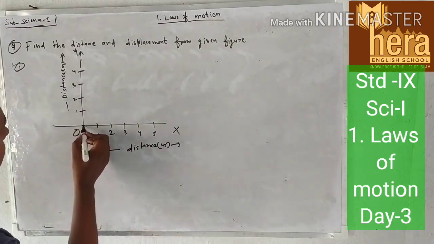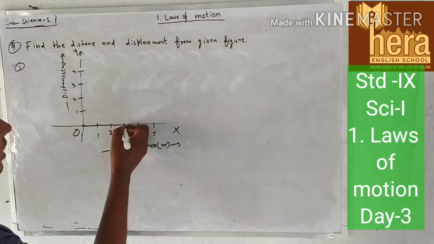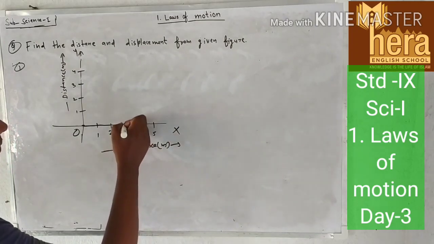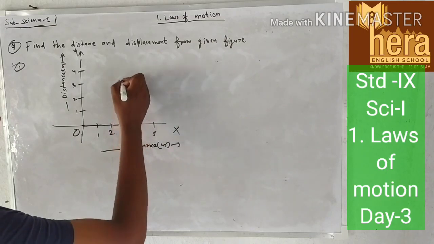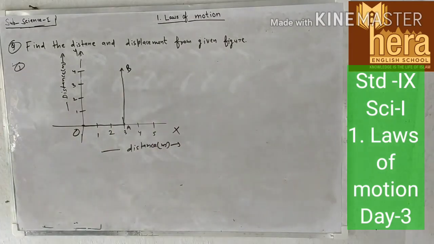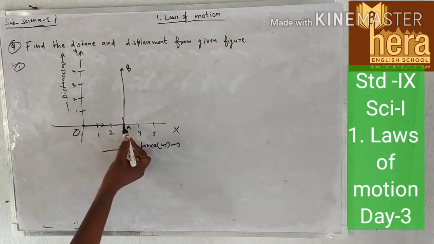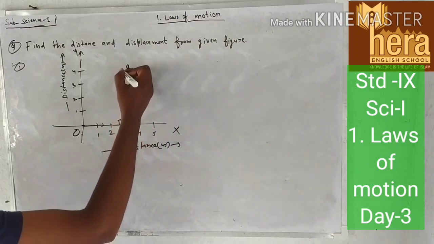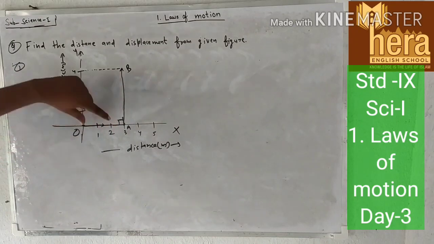It came from here to here at point A. At 3 there is point A, and it turned in this direction to point B. The object started from O, came to point A, and from A, this is perpendicular, the object came here at point B. This distance is 4 meters. This distance is 3 meters.